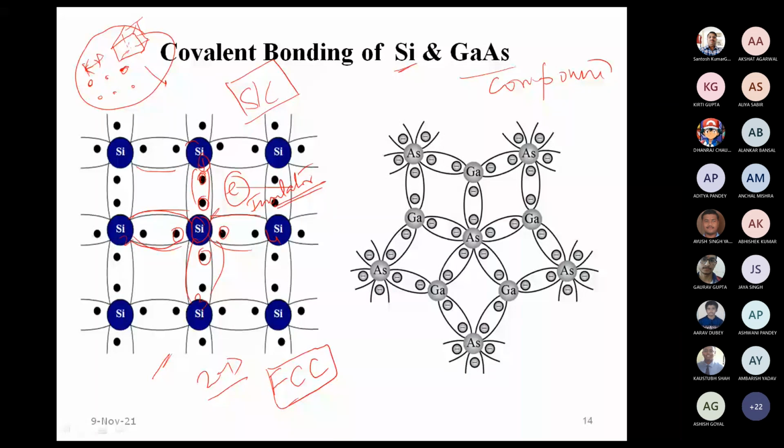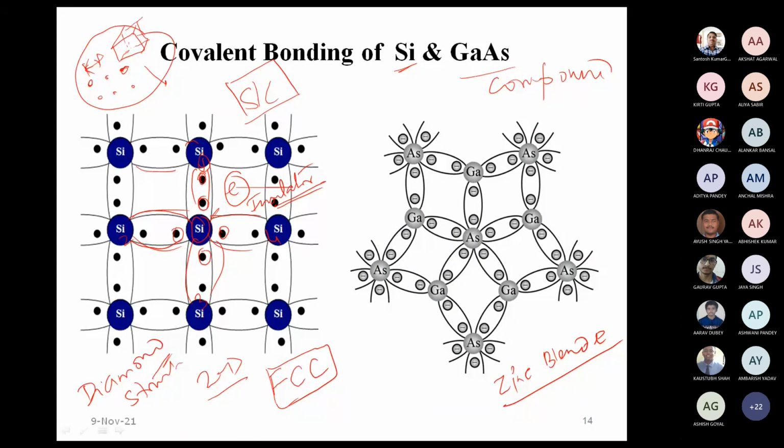On the other hand, on the right side, we can see the gallium arsenide structure. This has another lattice structure called zinc blende, whereas the prior one had the diamond structure.